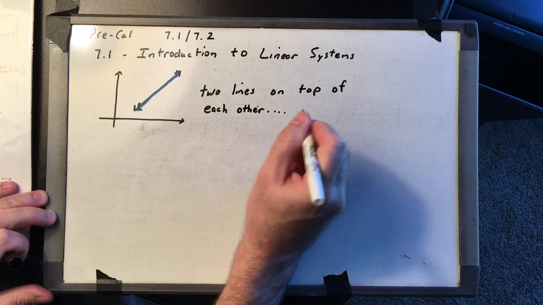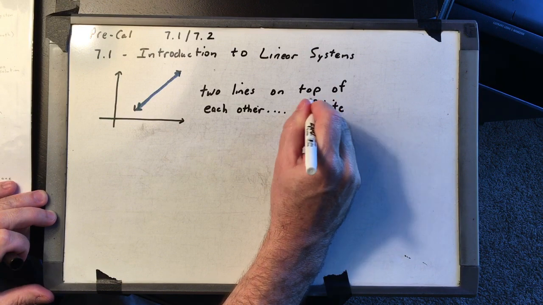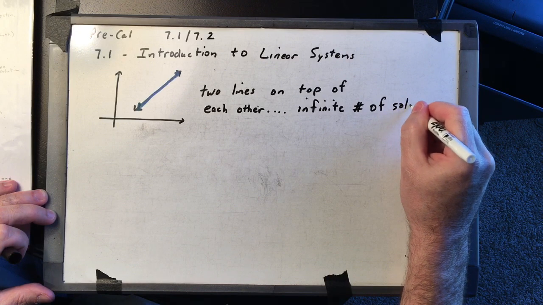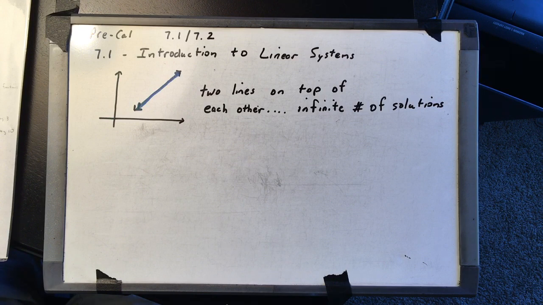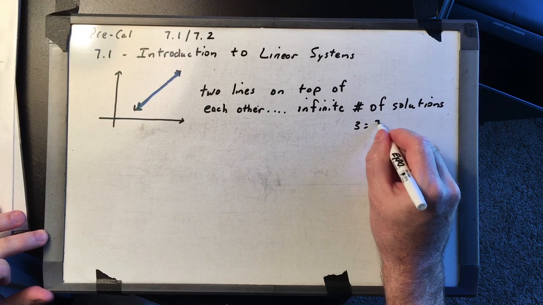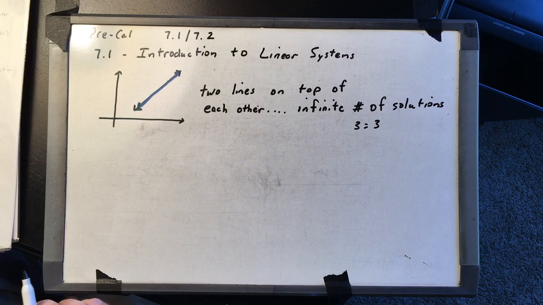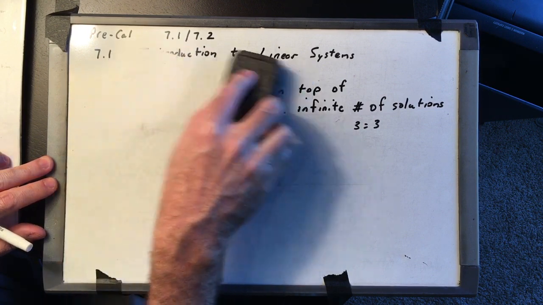In that case, you'd have an infinite number of solutions. You would end up getting a true statement, like 3 equals 3, something like that, in the end. So that's just a little introductory 7.1. Let's move on to 7.2.